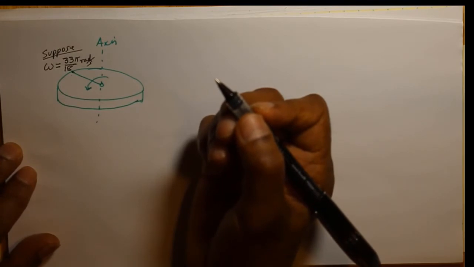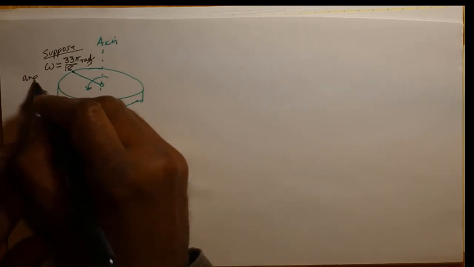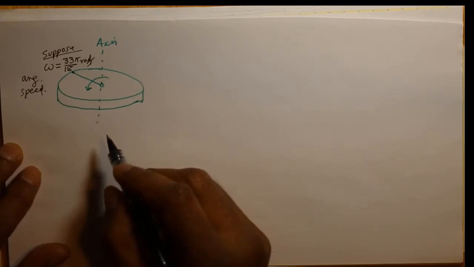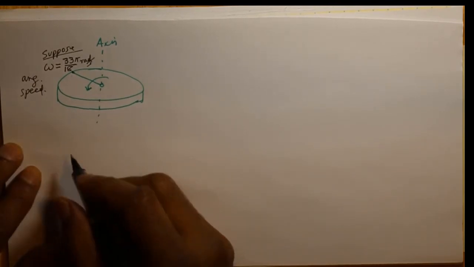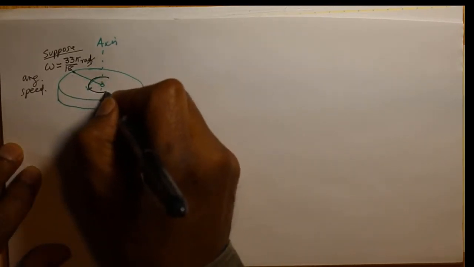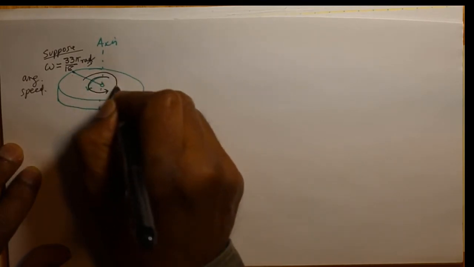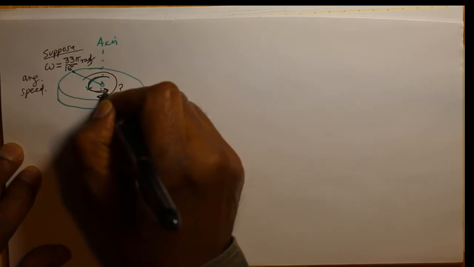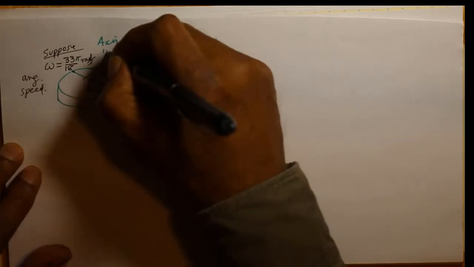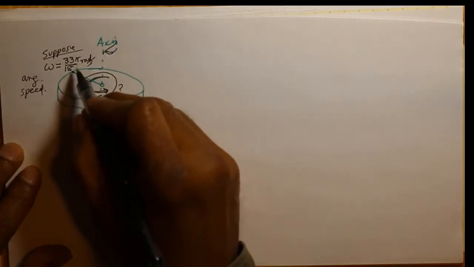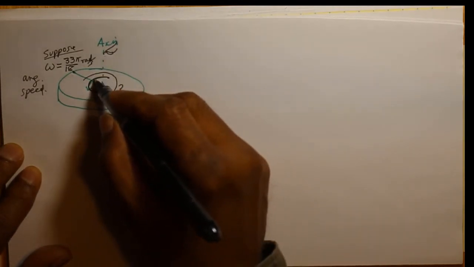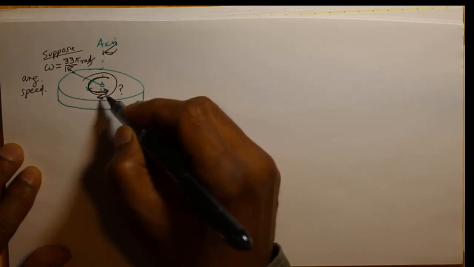This is the angular speed. How do I say angular velocity? Well, angular velocity has to have a direction. Is it rotating this way or that way? It was rotating this way, so if I look from the axis, I am going to see counterclockwise.